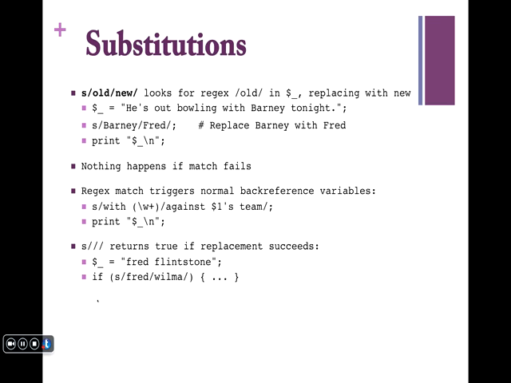The second line says whenever you see the string Barney, replace it with Fred. So we found the old string and we are going to replace it with Fred. So it will be he is out bowling with Fred tonight. When I print out this sentence, this is what will be.